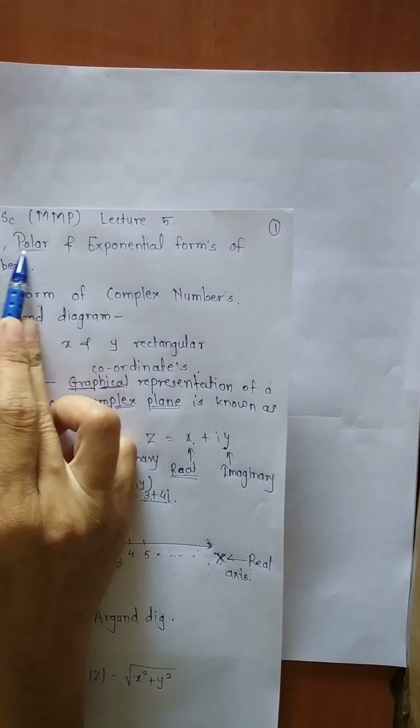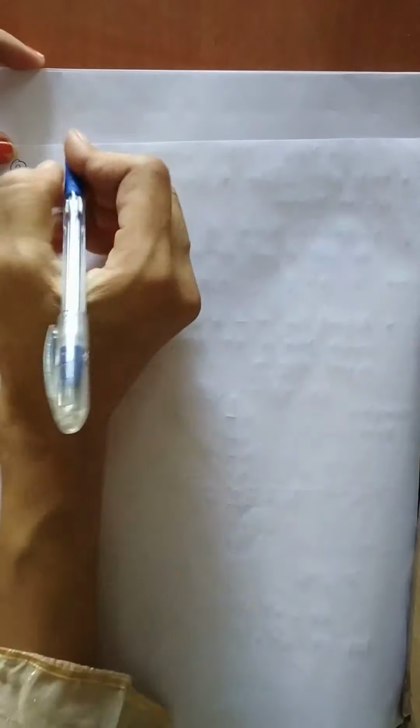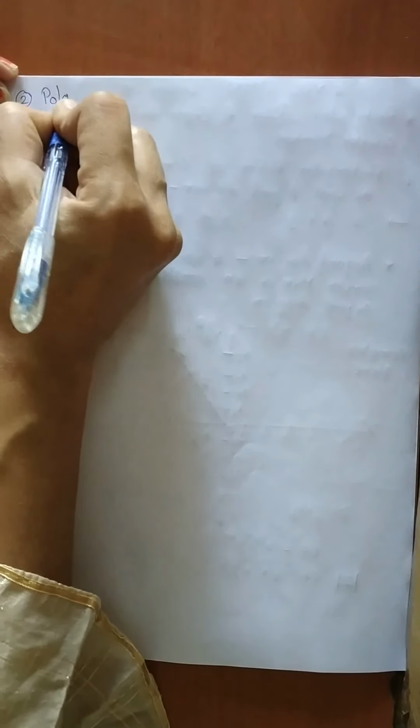Now we will start the second point, that is the polar form of a complex number.